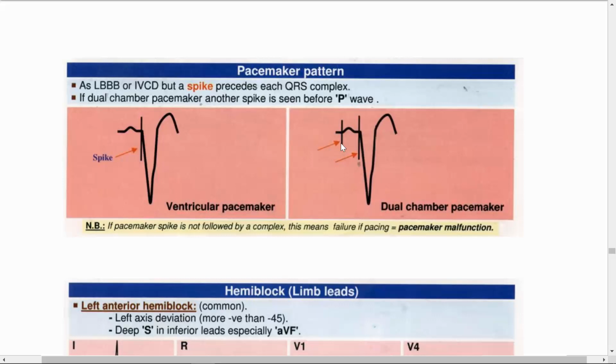If there is a problem in the SA node and the AV conduction is completely normal, we will need which mode? Again, the problem in the SA node, sick sinus syndrome.